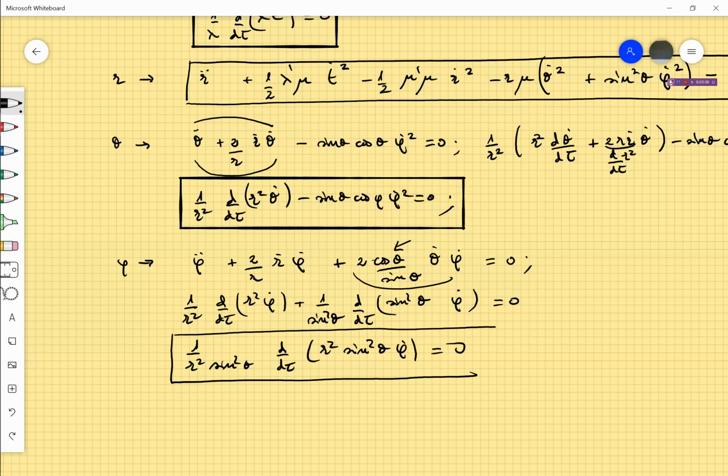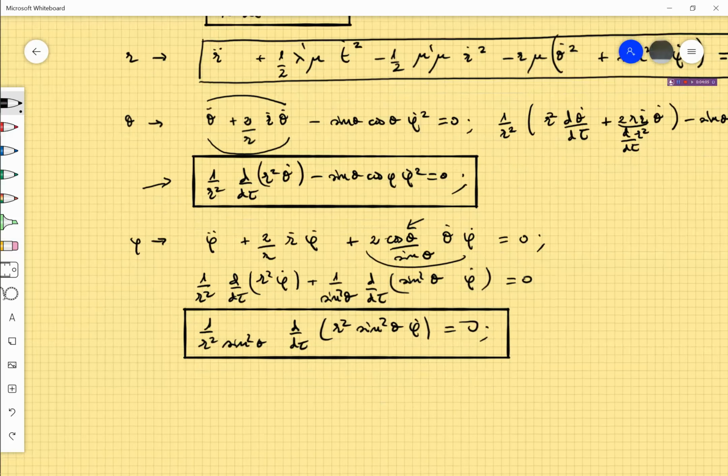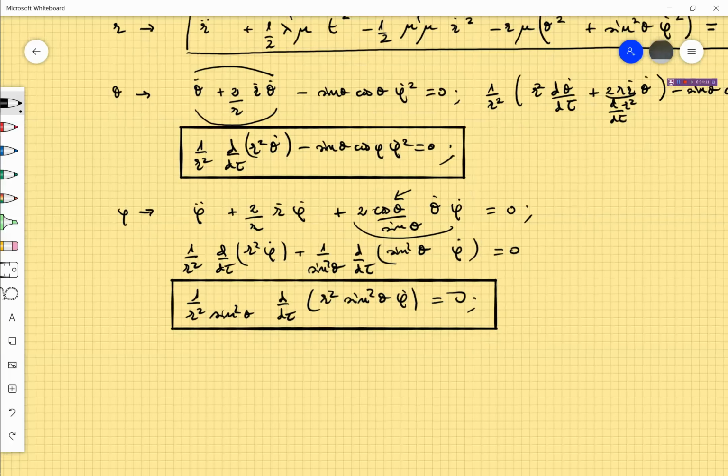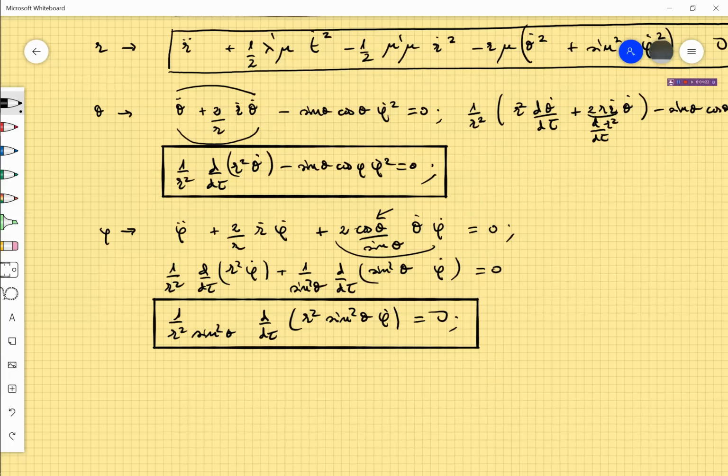In the case of the theta component, the equation just has a more compact form, but it is not an immediate integral or anything. But here this equation is a statement of conservation of this quantity, and you can integrate it immediately.